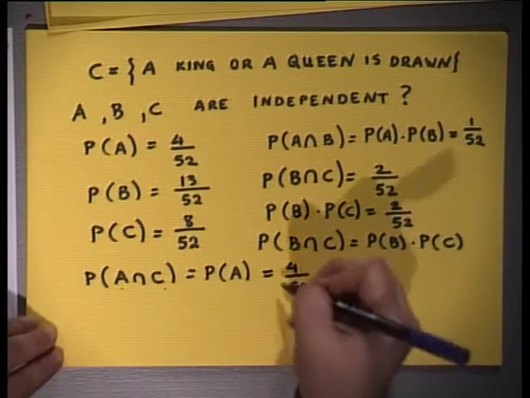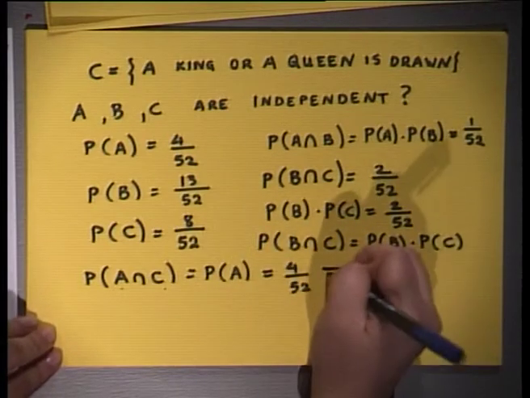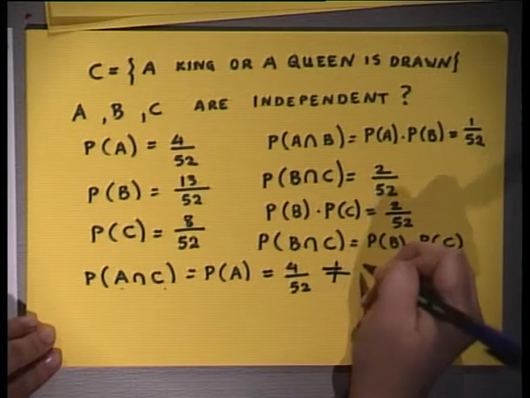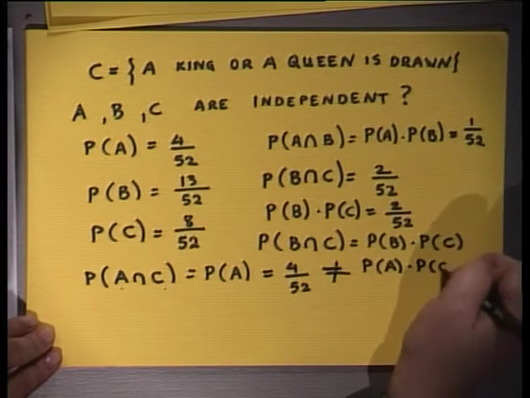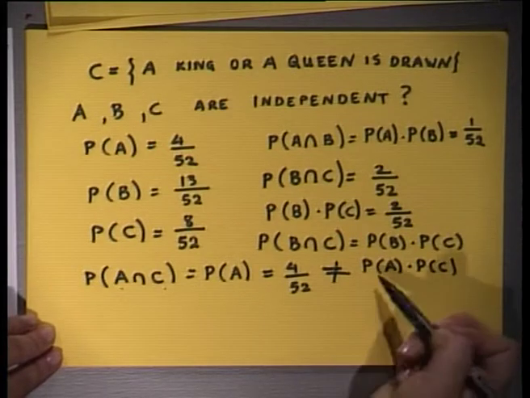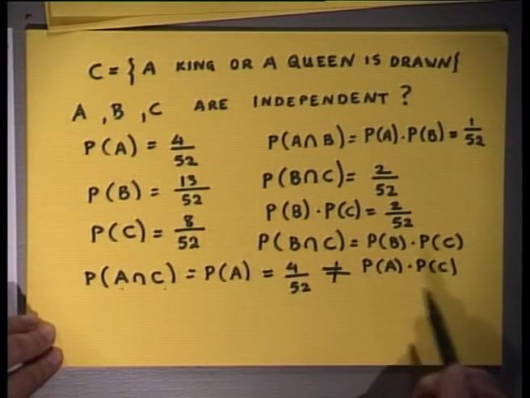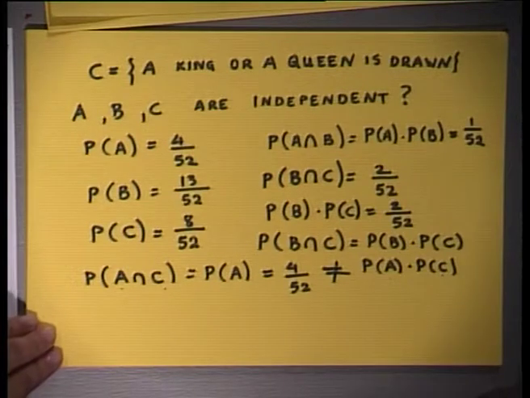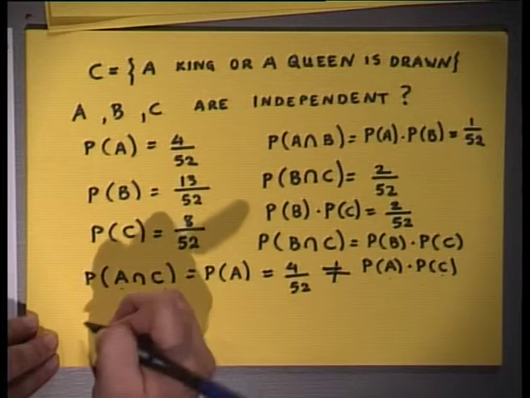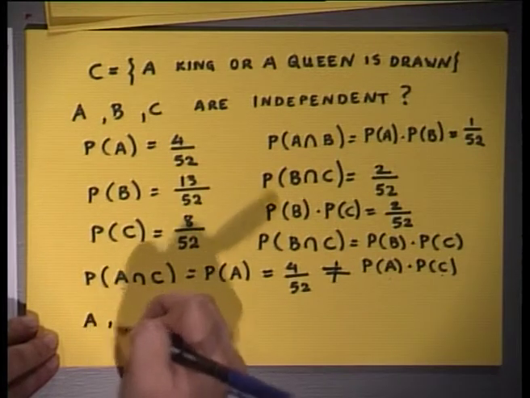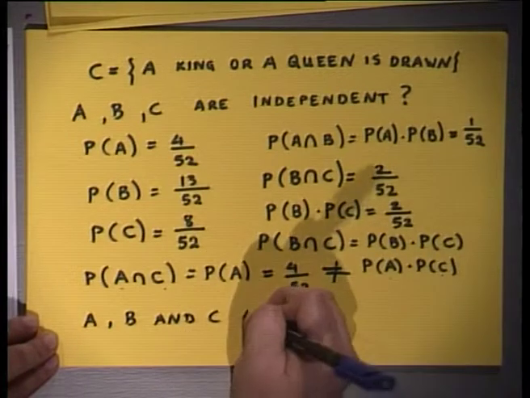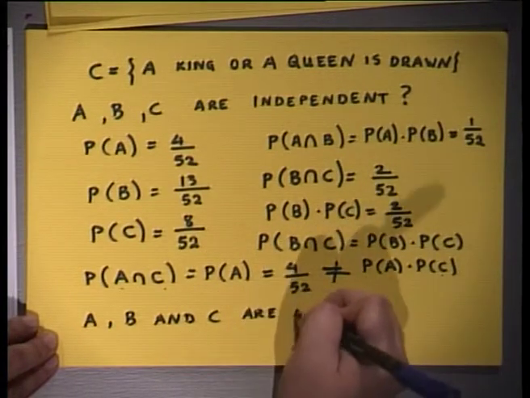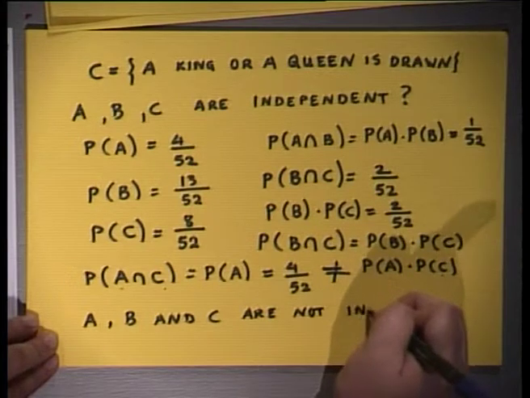This obviously is not equal to the probability of A times the probability of C. We say this is the probability of A, not this. So from here we can conclude that A, B, and C are not independent.